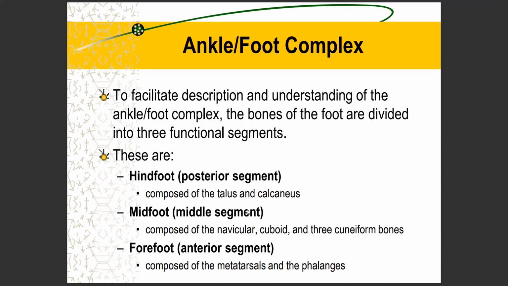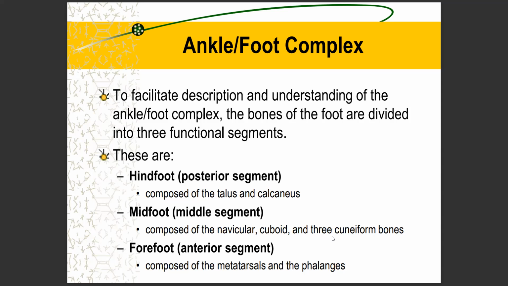It means out of the total 7 tarsal bones, the posterior 2 large tarsal bones make the hindfoot, while the remaining 5, including the navicular, cuboid, and 3 cuneiform bones, make the midfoot or the middle segment.